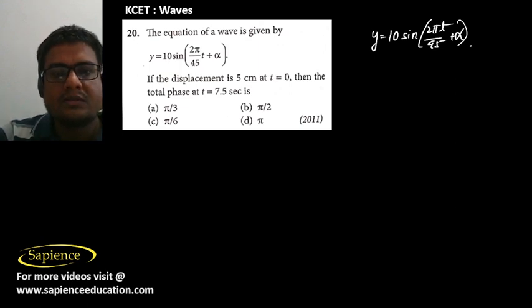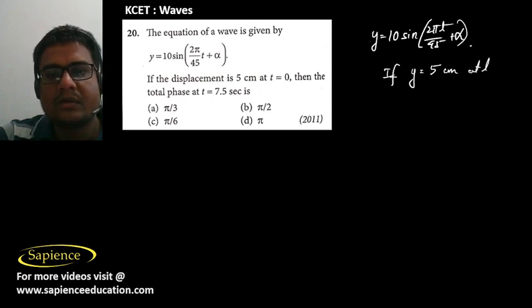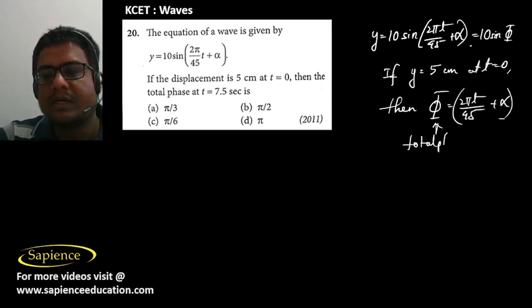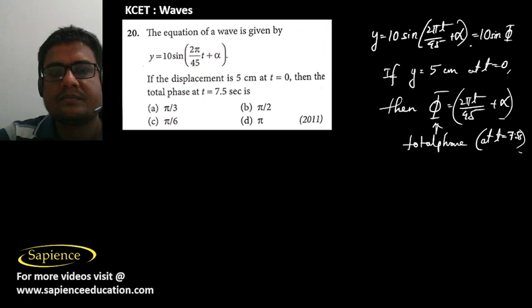So if y equals 5 centimeter at t equal to 0, the total phase angle means, if it is 10 sine phi, then this phi, which is equal to 2 pi t by 45 plus alpha, is called the total phase. You have to find that at t equal to 7.5 seconds.